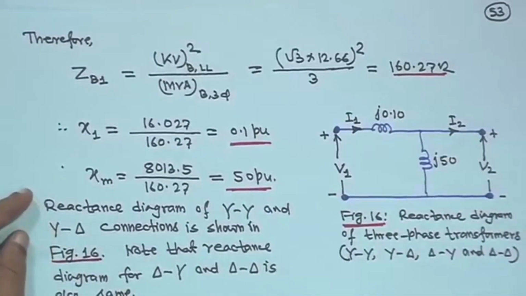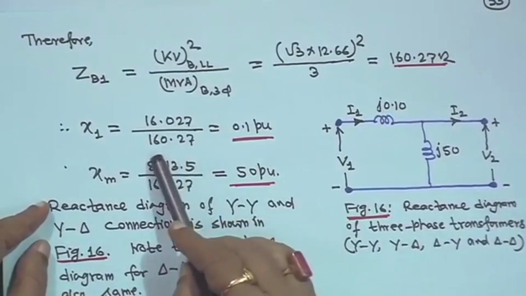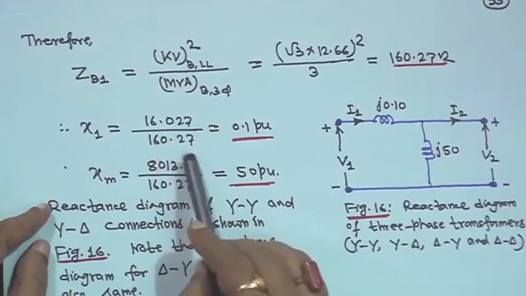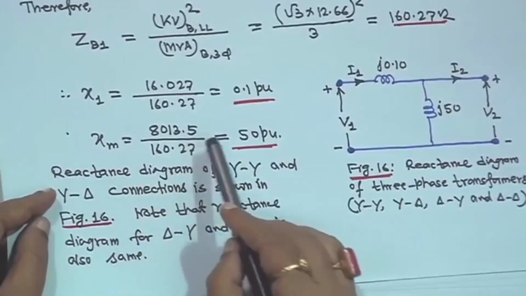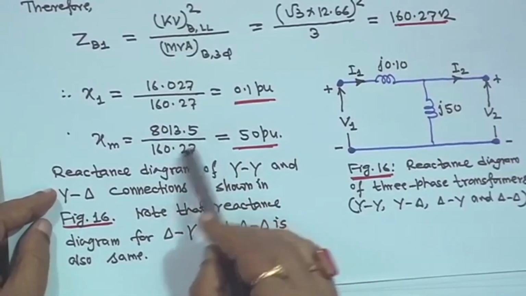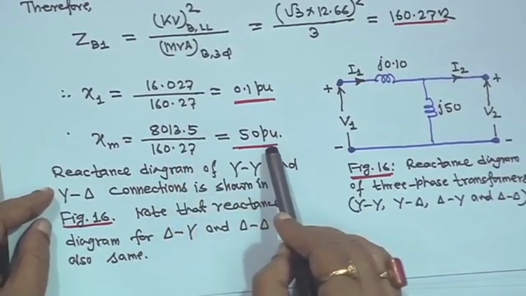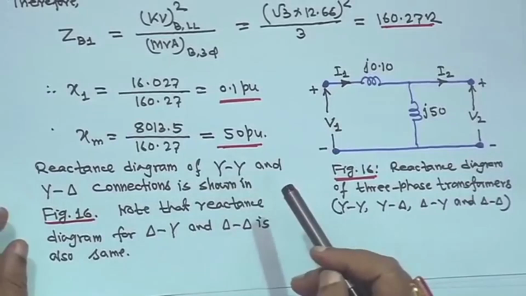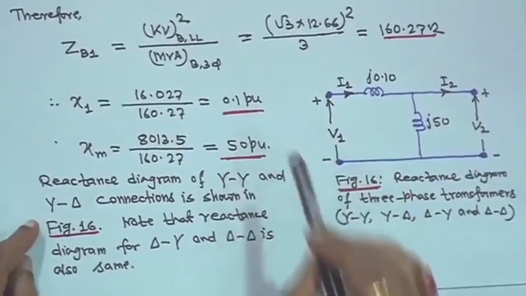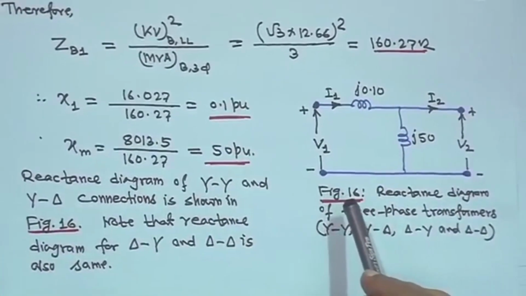So X1 will be 16.027 upon 160.27, which is equal to 0.1 per unit. Similarly, XM will be 8013.5 upon 160.27, that is 50 per unit. That means whether it is single phase or 3 phase, these per unit values remain the same.